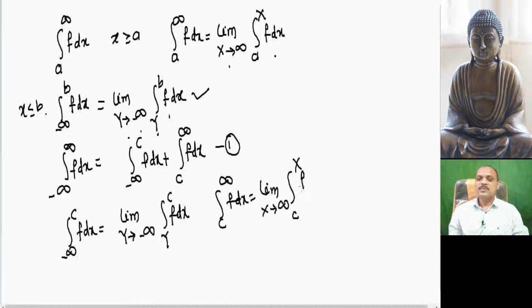If both these limits exist, then this integral is said to be convergent, otherwise it is said to be divergent.